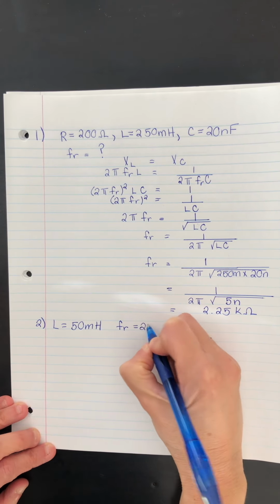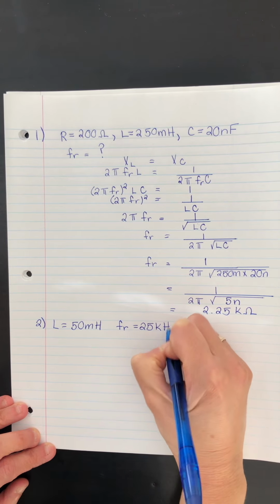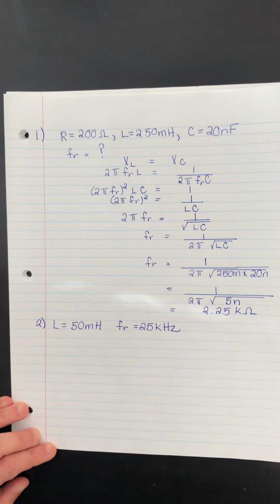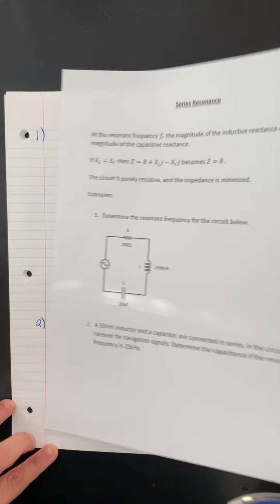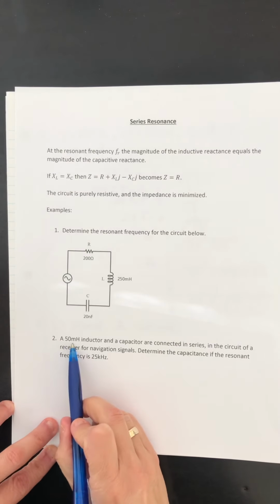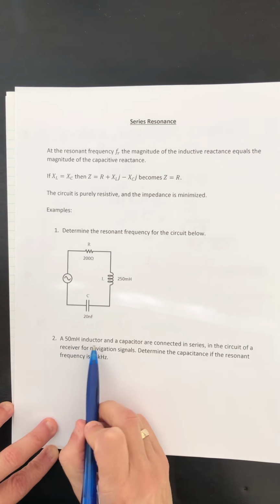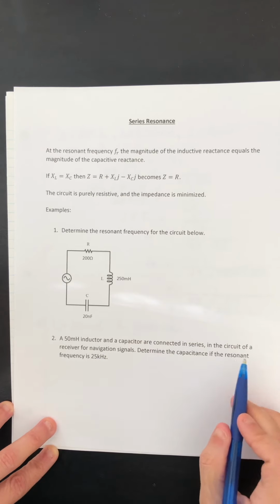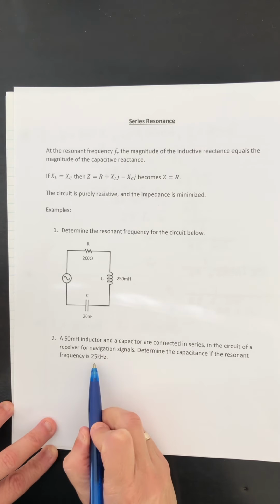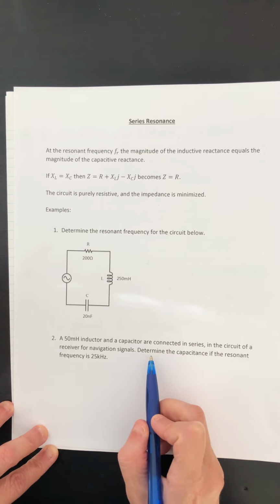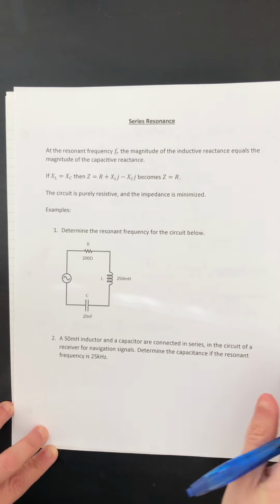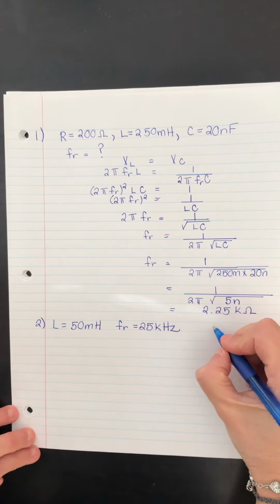Okay, so it is 25 kilohertz. So again, let me just show you that. We were given 50 millihenries for the inductance, so that's capital L, and the resonant frequency, which is FR, 25 kilohertz. What are we trying to calculate? The capacitance, which is capital C.